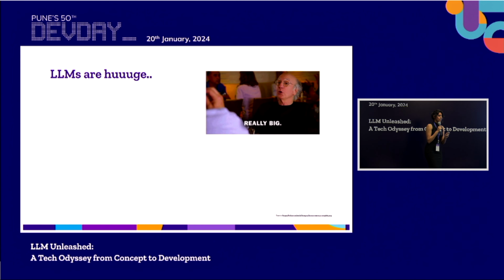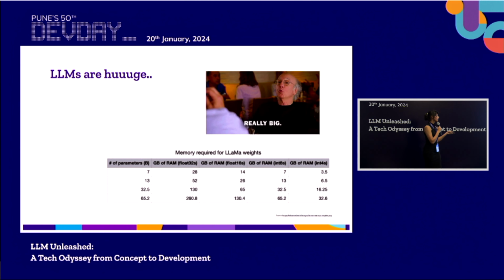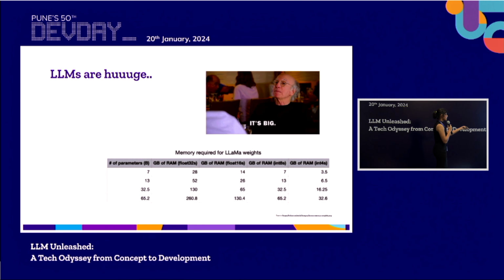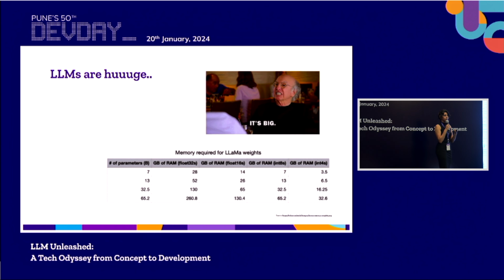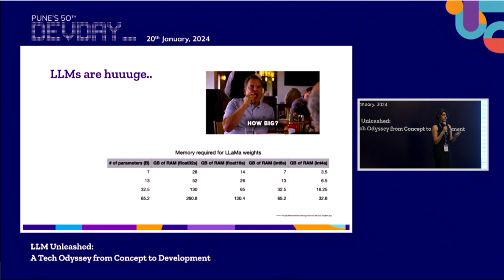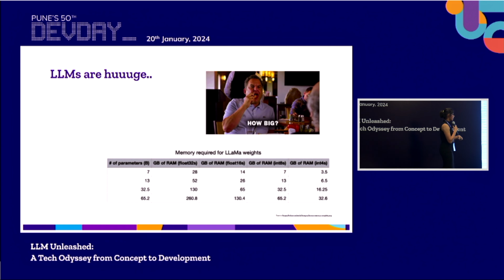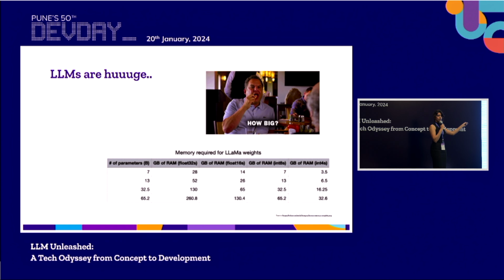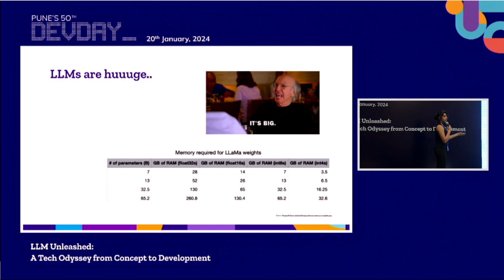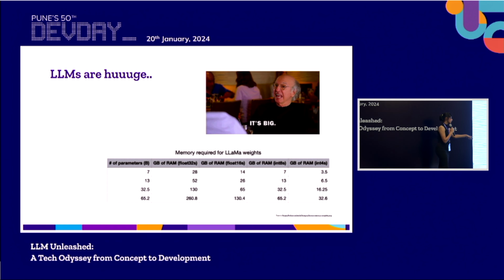So, LLMs are huge. How huge? Let's take a look at this image. If we want to train our LLM, let's take one example of an open source LLM. Llama 2 is the LLM released by Meta. And these are the versions. In column 1, you can see, if that's visible from the back, I'll read it out for you: 7, 13, 32.5, and 70, like 65.2.